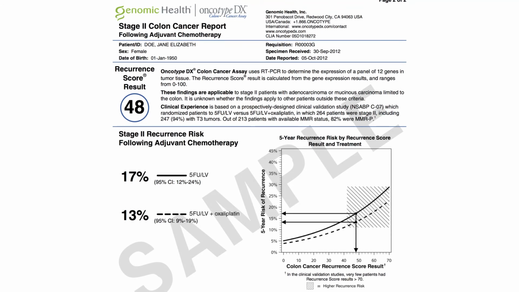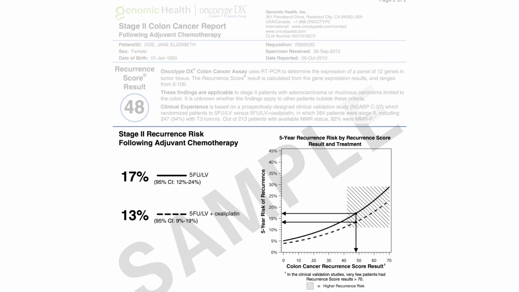And we can see a calculated percentage of recurrence risk at 5 years following adjuvant chemotherapy. The first number presented are those individuals who would receive 5-FU leucovorin alone, and the second score presented are those individuals who have oxaliplatin added to their base of 5-FU leucovorin.